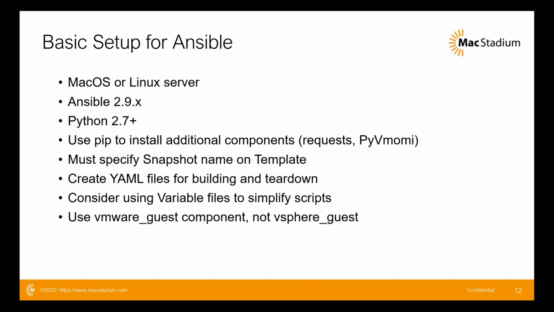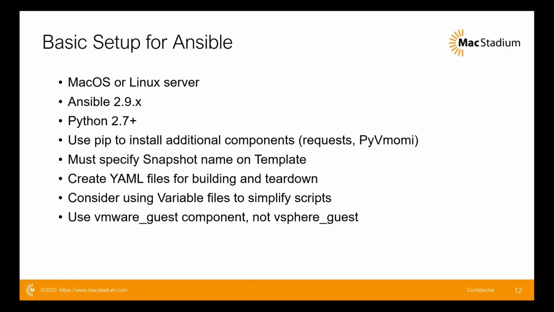We typically will need to add additional components in order to do the VMware commands. Those two additional components are requests and PyVmomi. So we use pip to install both of those. Finally, in Ansible, we need to have a few things specified in the environment, one of which is the snapshot name on the template.